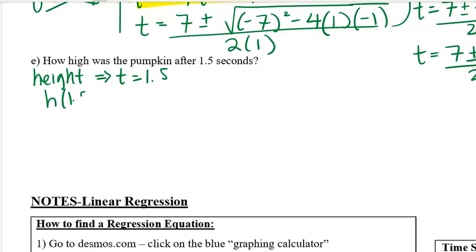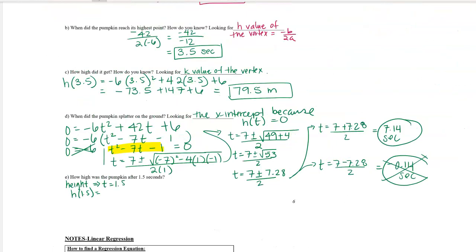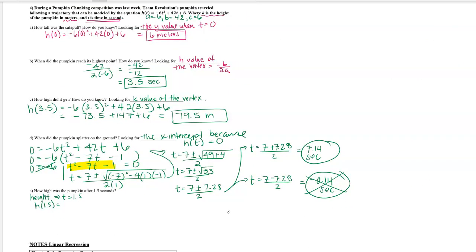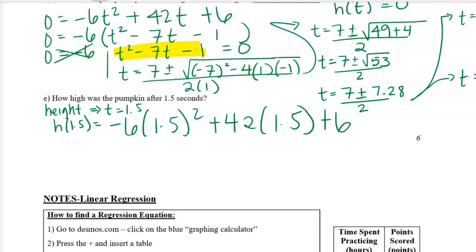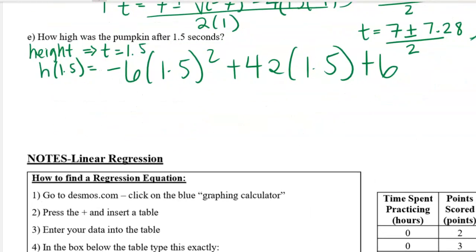h of 1.5 equals, let me go back to my equation to see what that was again. Negative 6t squared. So it's negative 6 times 1.5 squared plus 42 times 1.5 plus 6. Let me make it bigger so we can see. Using your calculator if you need to, what's 1.5 squared? 2.25, okay, times the negative 6.